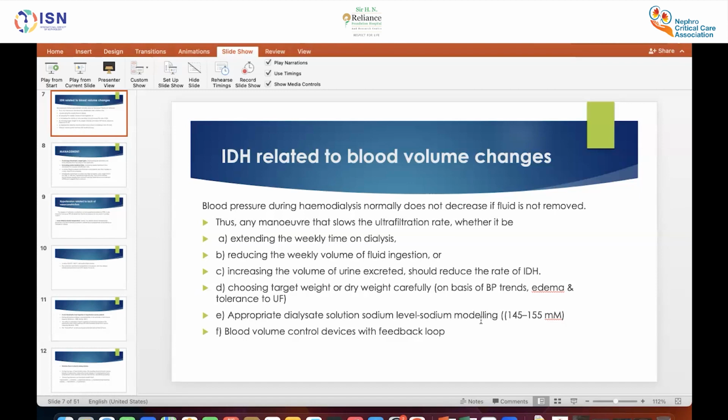It helps in the short duration for treating intradialytic hypotension. But ultimately, the sodium content increases and they ask for more water, and they come back with more fluid in the body. So that is a problem with sodium modeling, profiling.